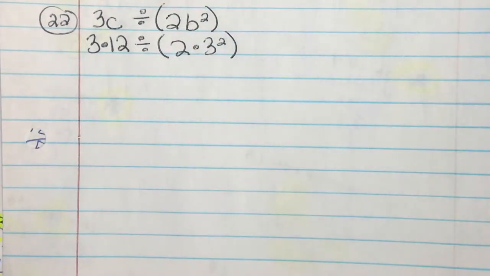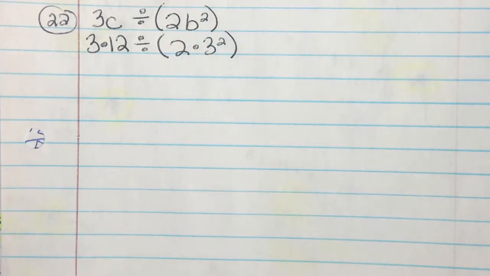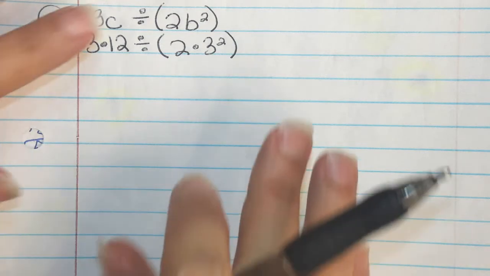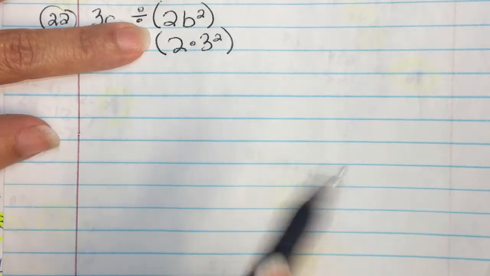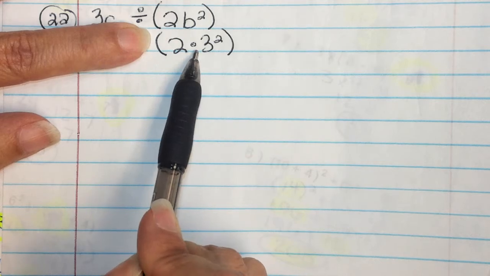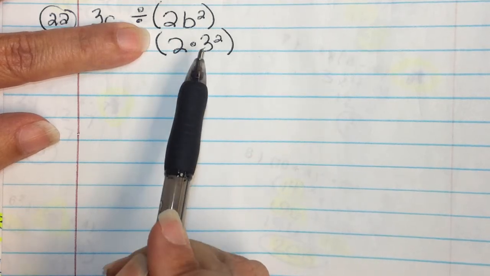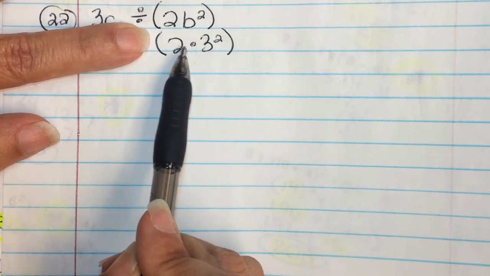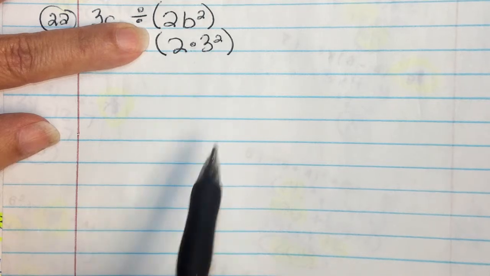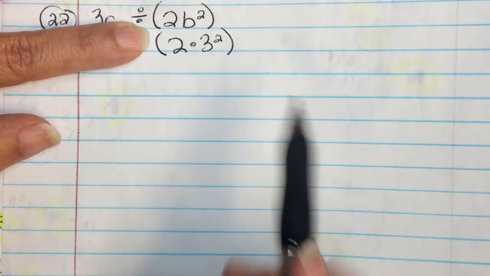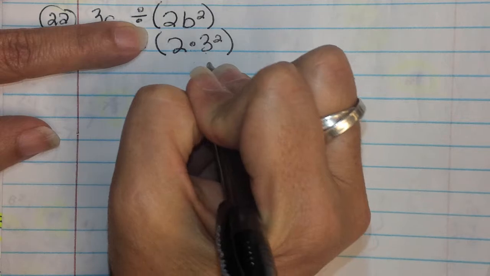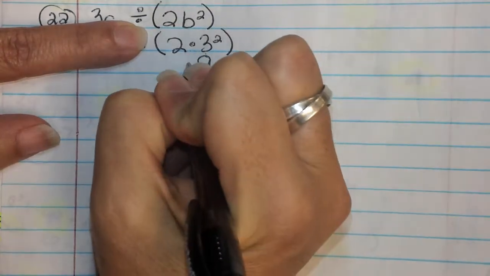You have to take this thing slow, because really what you got to do first is the parentheses. But in the parentheses is PEMDAS. So, do you do multiply first or exponents? Exponents. So 3 times 3 is 9.